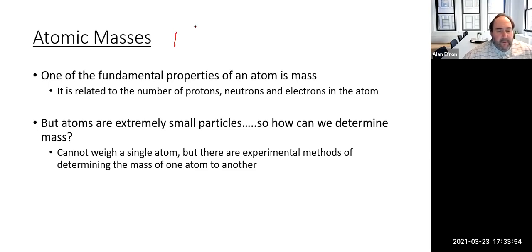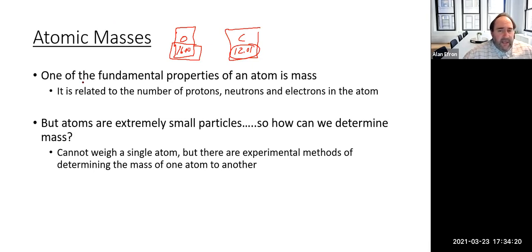So, for example, if we look on the periodic table underneath, say, oxygen, we'll see something like 16. That is the atomic mass. You see something like carbon, 12.01. That is the atomic mass of carbon. So remember, the top number is the atomic number. Bottom number is the atomic mass.